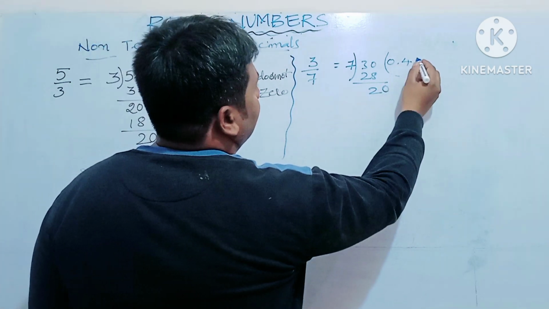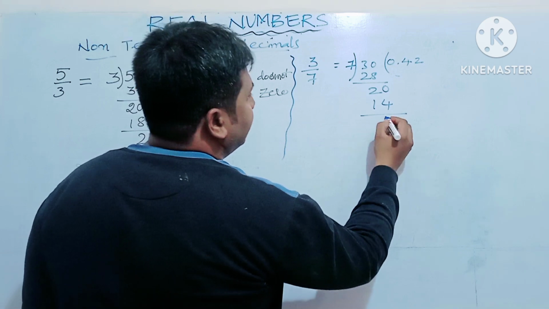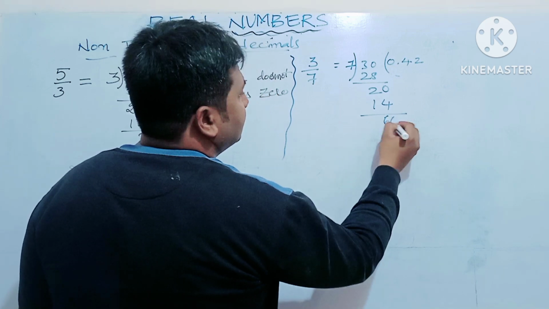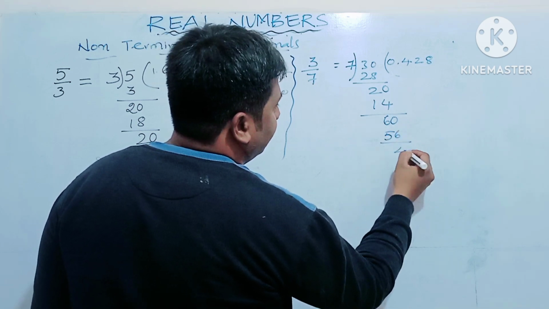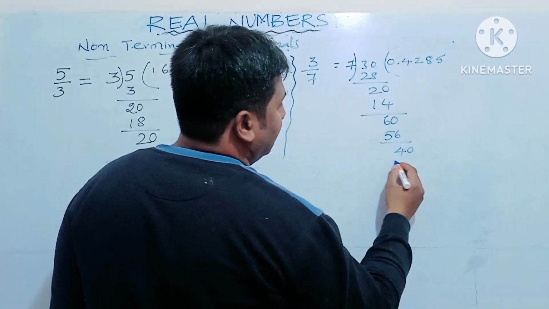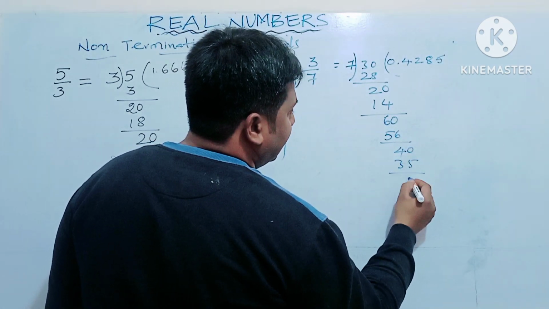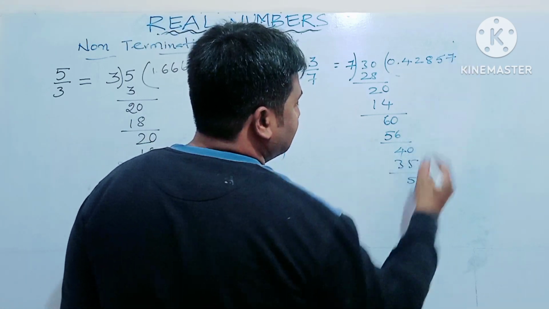Then again 0. 7 2s are 14. How much is the remainder? The remainder is 6. Then 0. 7 8s are 56. The remainder is 4. Then again 0. 7 5s are 35. The remainder is 5.